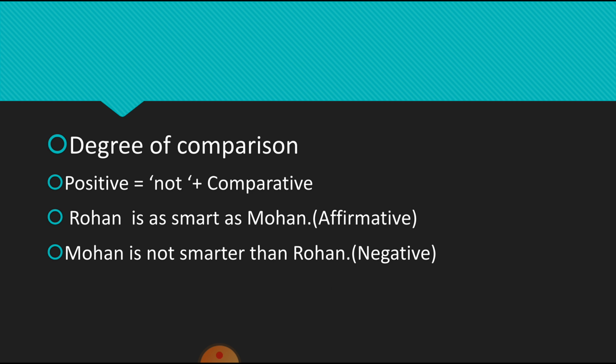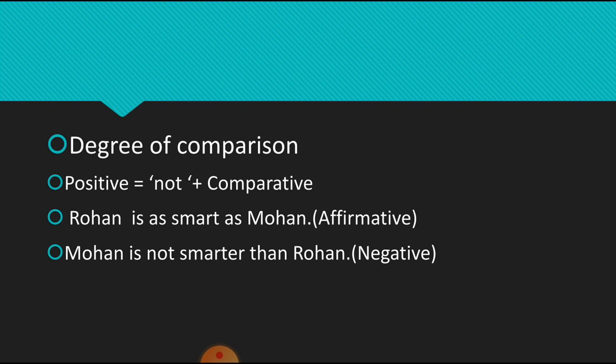The next is degree of comparison. See, when there is a positive sentence, that is in the form of affirmative, and we have to change it to a negative form, we have to add not plus comparative degree. Let us see through an example. Rohan is as smart as Mohan. See, smart is a positive degree, as smart as.